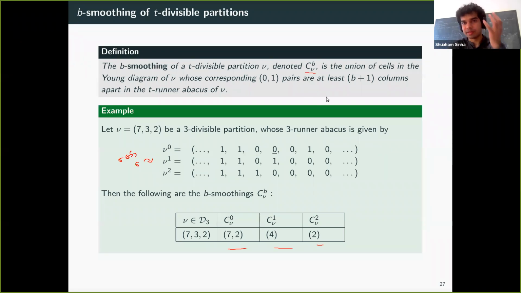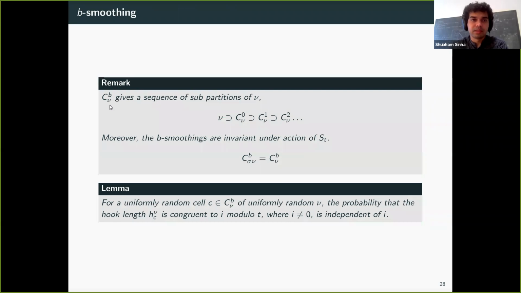So there are two things. There's a subpartition which are invariant under this action of the permutation group on the T-divisible partition. So the C nu B gives you a sequence of subpartitions of the T-divisible partition, and as I mentioned, it's invariant under the natural action defined above.